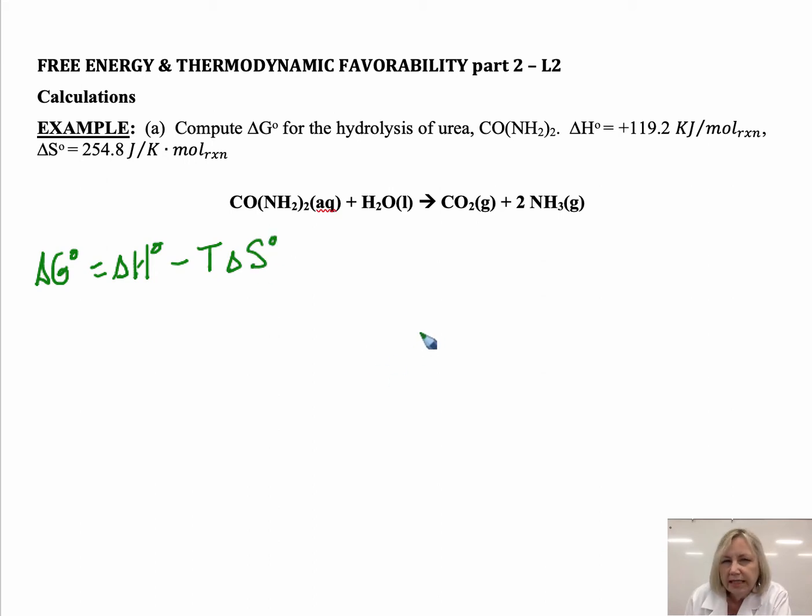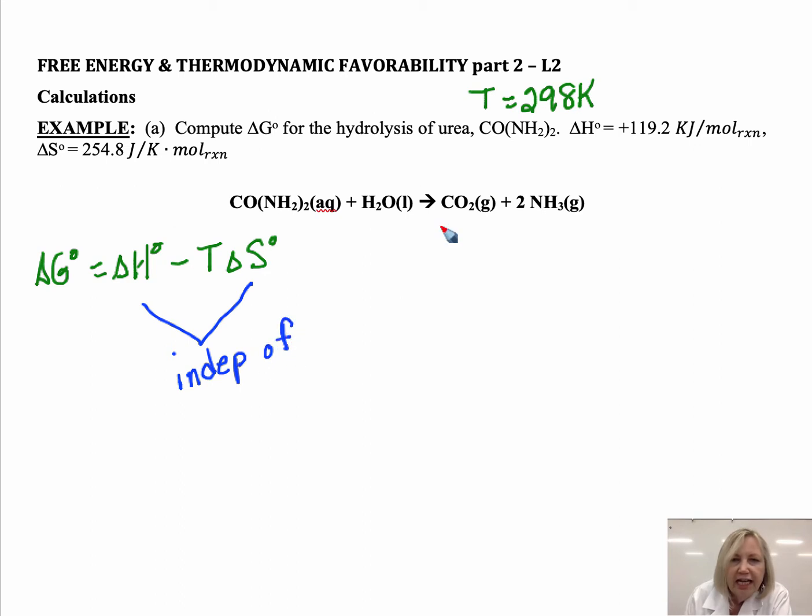Now, an important consideration here is, for one, we're going to assume the temperature is 298 Kelvin. It is typically assumed that delta H and delta S are independent of temperature.